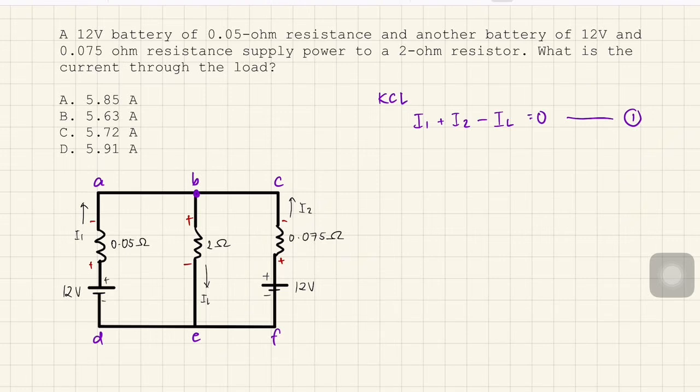Next, for KVL, just a gentle reminder that the sign convention we'll follow will be the sign of the component we'll be leaving at. So for example, if we're going in this direction and we're leaving on this side, the convention we'll write will be negative IR.